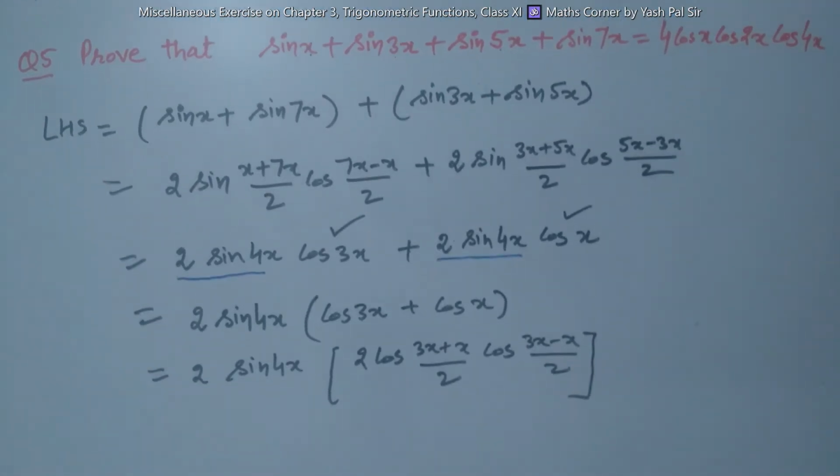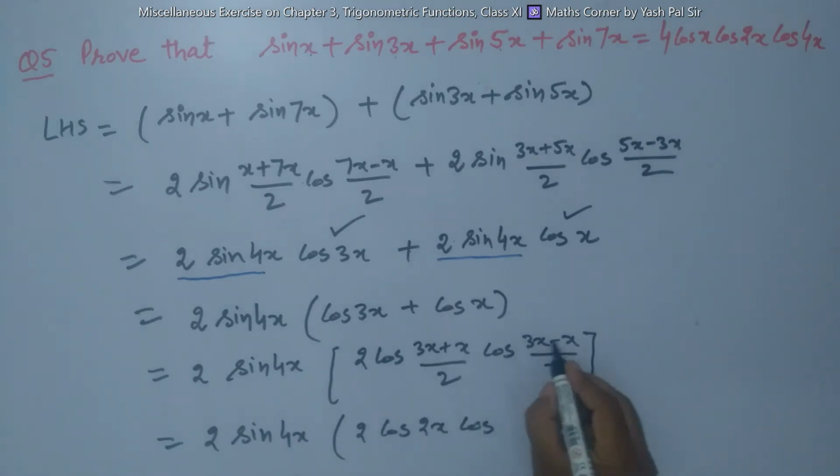So this way finally we have 2 sin of 4x into 2 cos of (3x plus 1x) upon 2, that is 2x, into cos of (3x minus 1x) upon 2, that is x. So finally we have 2 into 2, that is 4, sin of 4x into cos of 2x into cos of x.